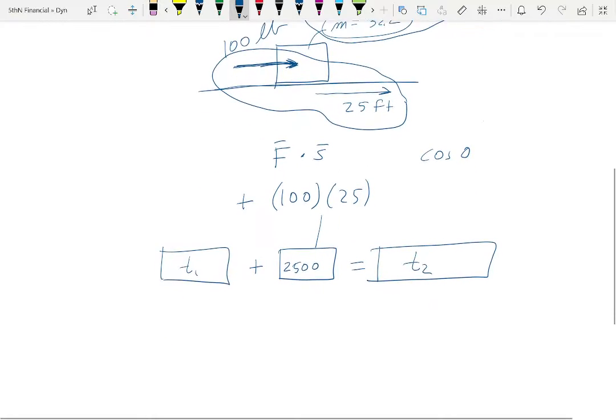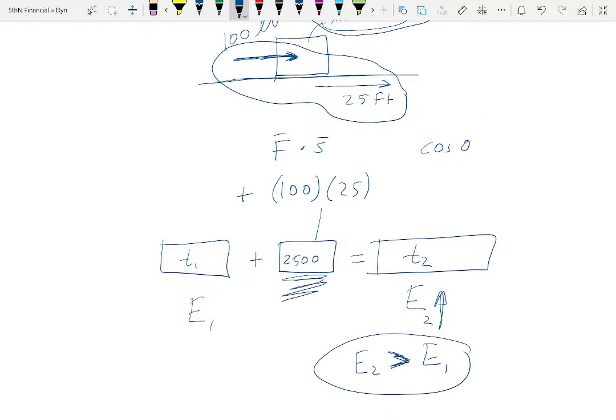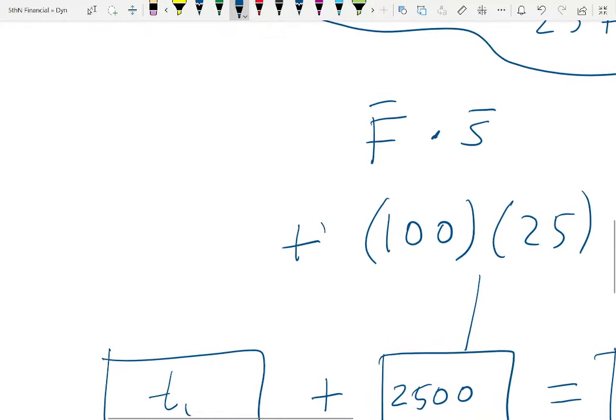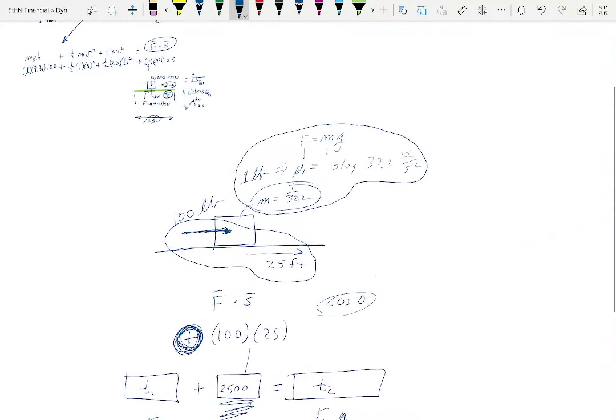So obviously E2 is going to be a little bit more than E1. So you can have energy added to the system, and the dot product is how the sign is constructed. This dot product will tell you whether you are taking energy away or adding.